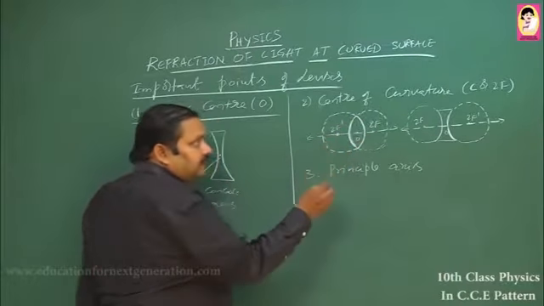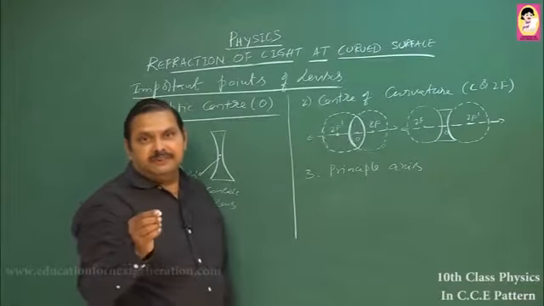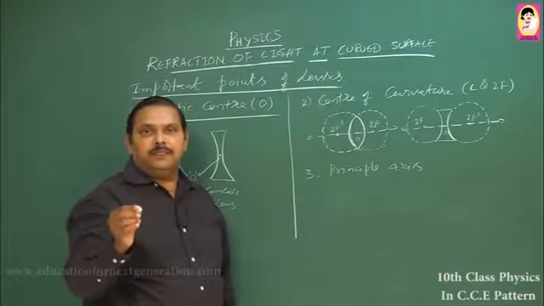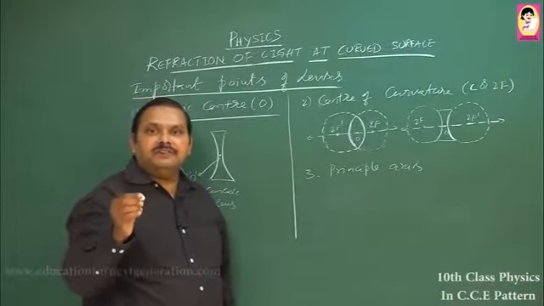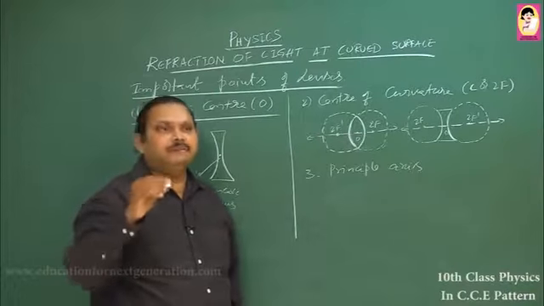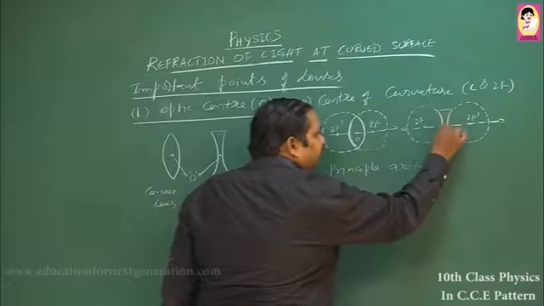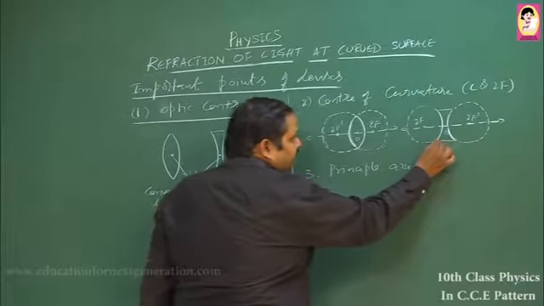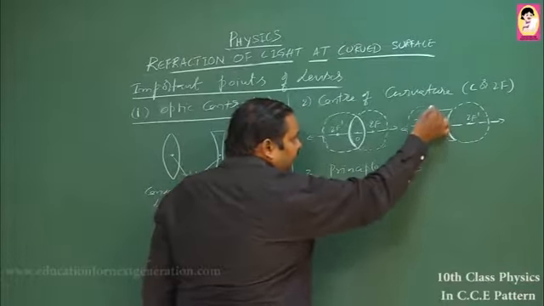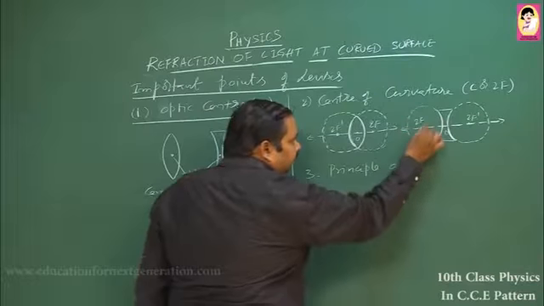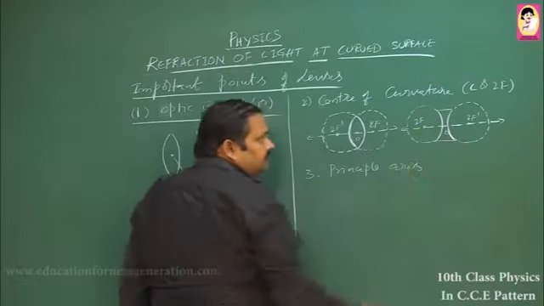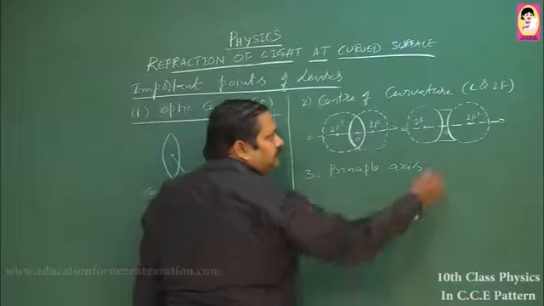So, basically, the meaning of center of curvature is, it is the center of the sphere of which the curved surface of a lens is a part. Here, this is the curved surface of the concave lens and this is the whole sphere, and 2F is the center of that sphere.